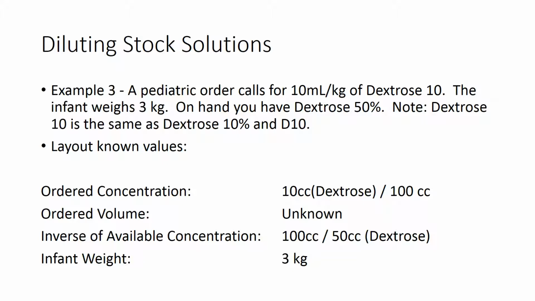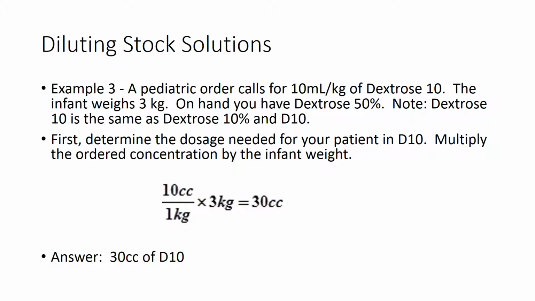The inverse of our available concentration, since we have a 50% available, is 100 cc's divided by 50 cc's of dextrose. And we know the infant weighs 3 kilograms. So the first thing we need to do is calculate our ordered volume. So we determine the doses needed for the patient. Multiply the ordered concentration by the infant weight.